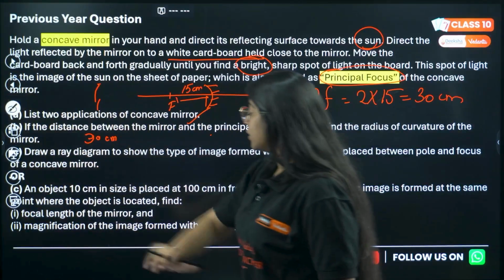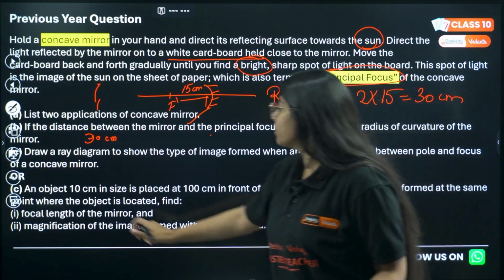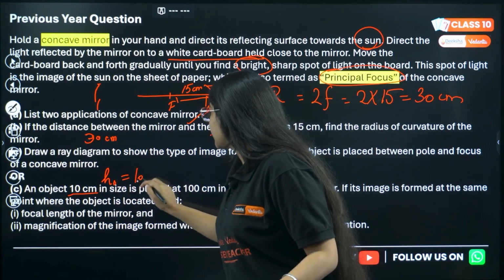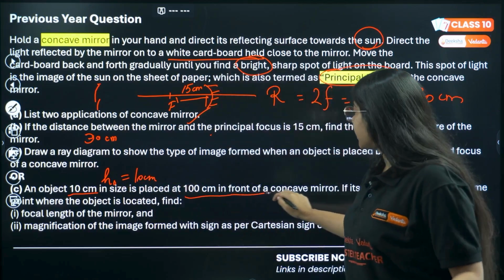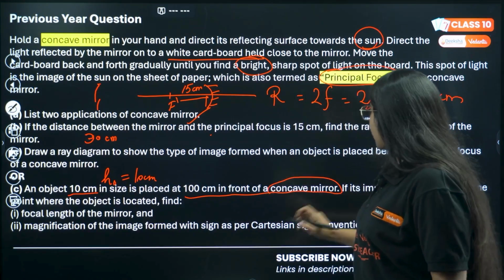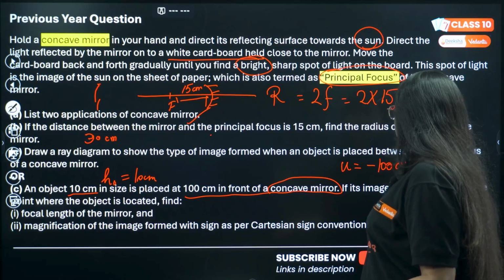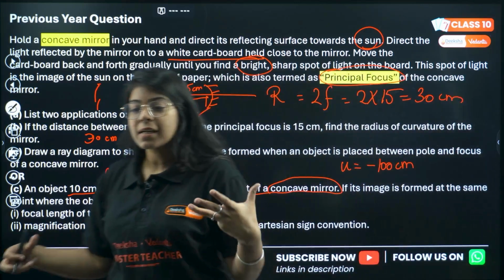Let's look at another part. It says an object of 10 centimeter in size is placed at 100 centimeter in front of a concave mirror. U is always minus and the object is placed at 100 centimeter, so U is minus 100 centimeter.